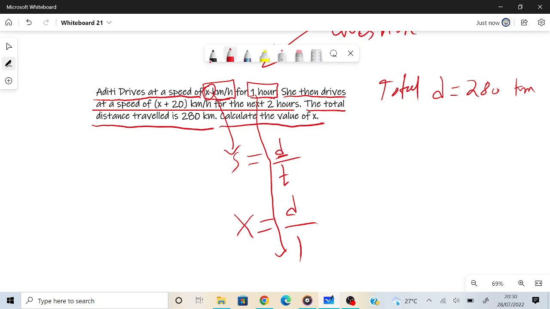If I did the very same for the other part of the information, at a speed of x plus 20 kilometers per hour for the next 2 hours, I would have x plus 20 equals d over 2, because the time they gave us was 2 and the speed was x plus 20.